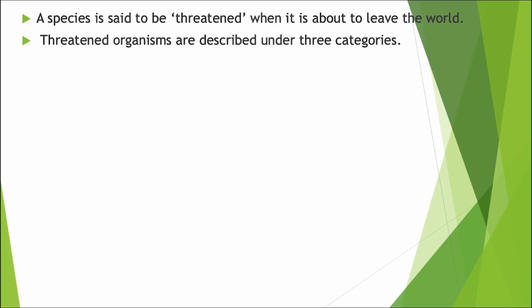There are different categories of threatened organisms. A species is said to be threatened when it is about to leave the world. Threatened organisms can be described under 3 categories: critically endangered, endangered, and vulnerable.